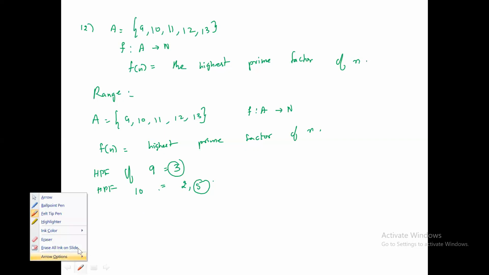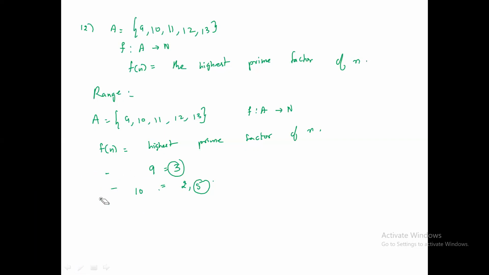So basically what we are doing is we are writing the prime factors for each element of A. So prime factor of 9, prime factor of 10, 2 and 5, prime factor of 11, just 11, prime factor of 12, 2 and 3, prime factor of 13 is 13.